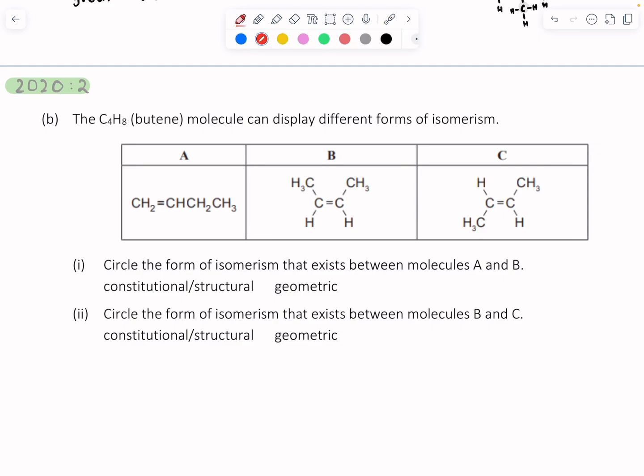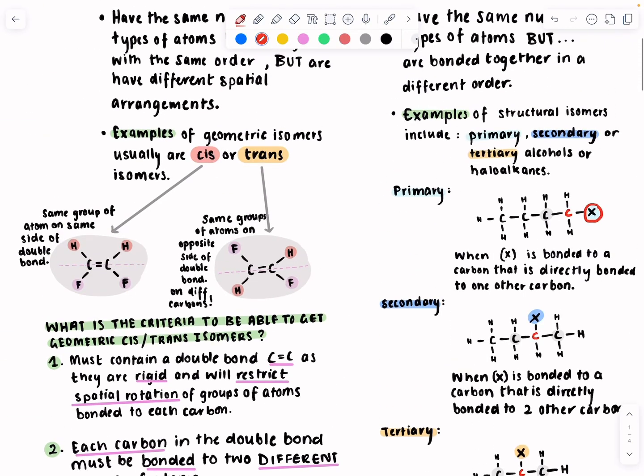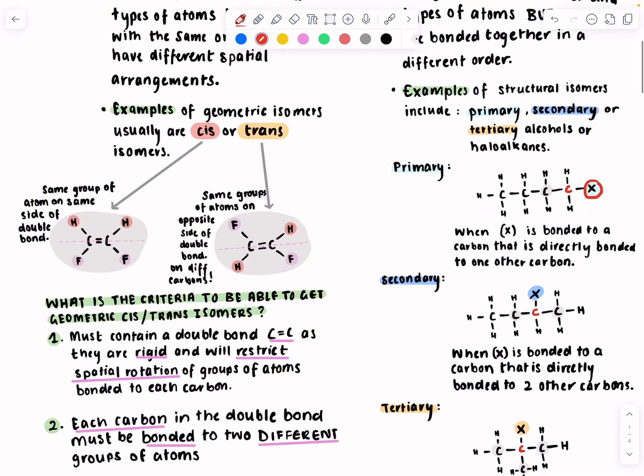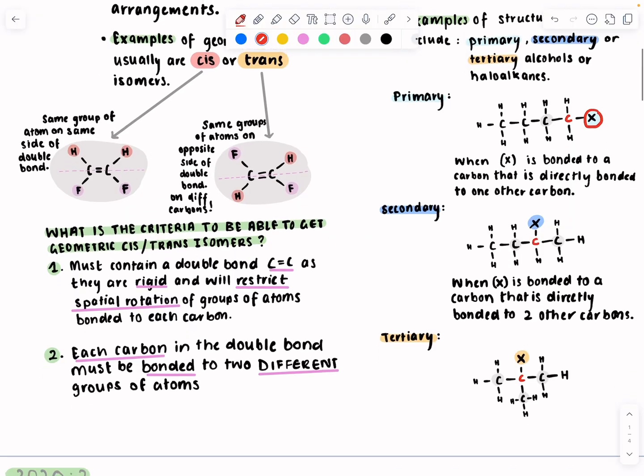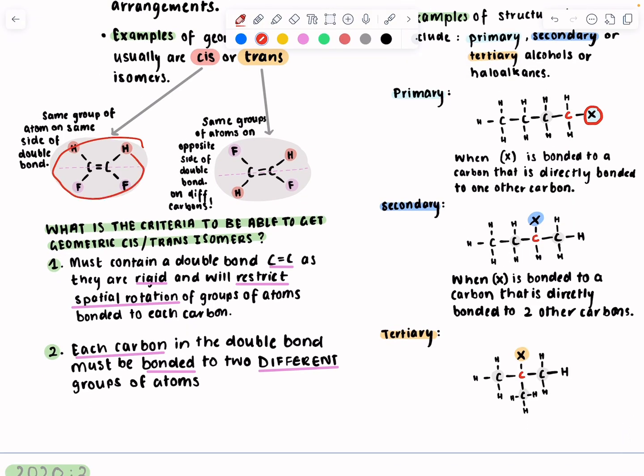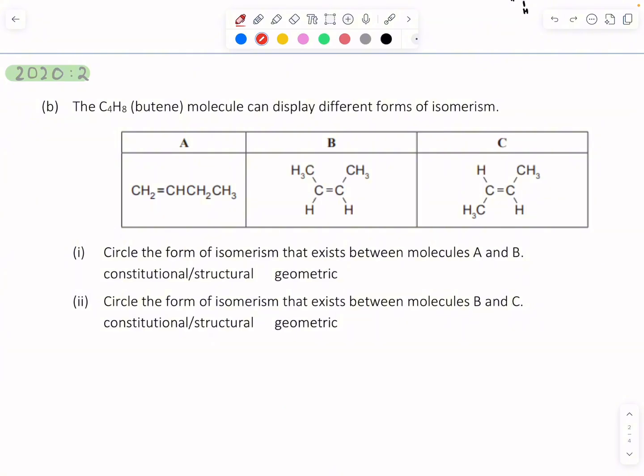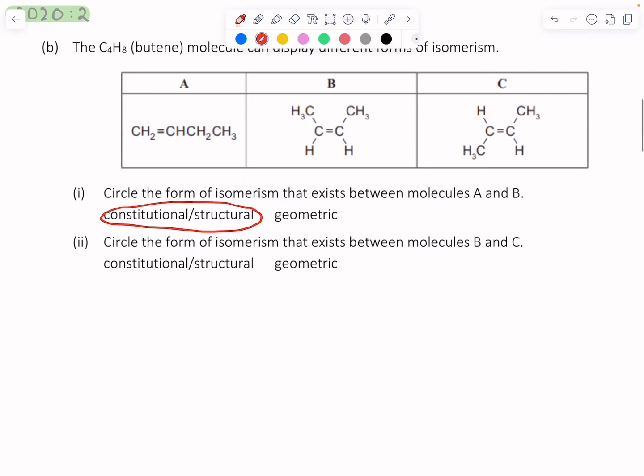And remember, if it were to be a geometric isomer, it would only be between cis or trans isomers. Okay, because that's the example that I gave earlier in my notes. Geometric isomers only occur between cis and trans, which look like these over here. Okay, so molecule A and B cannot be geometric isomers. That means it must be structural. Part I.